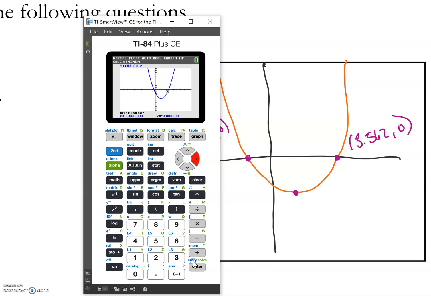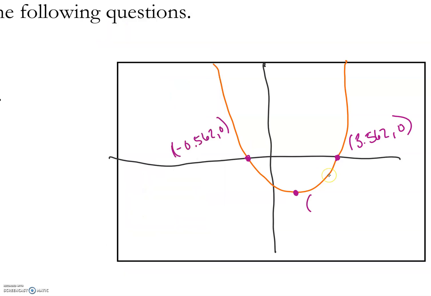Hit enter again. If I go in between these two very wide arrows, somewhere in there is the vertex, so I'll hit enter one more time. And I get that the minimum is, we'll round this to 1.5, comma, negative 4.25. I'll use these points to continue answering the questions about the function.